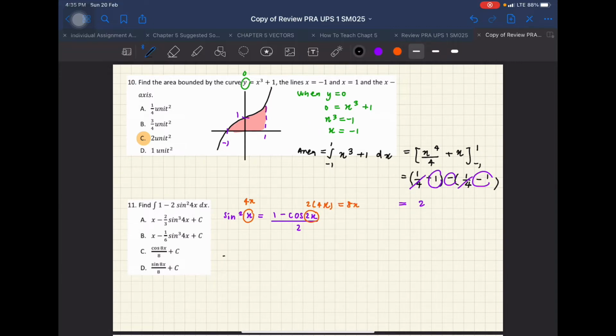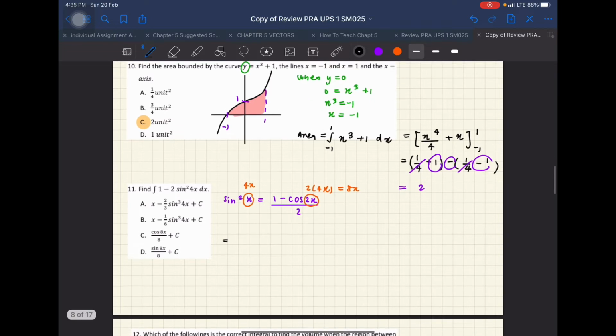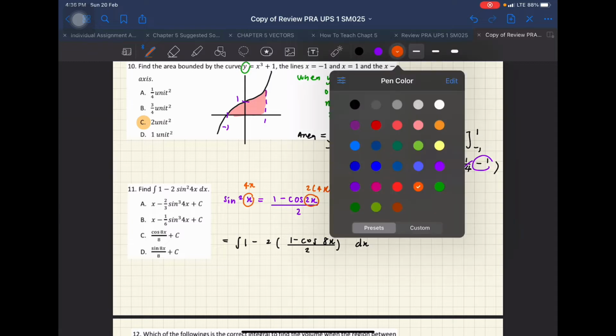Okay, so awak akan dapat apa kat sini sebenarnya is 1 minus 2 in bracket 1 minus cos 8x over 2 dx. Okay, so let's try to simplify this one first.